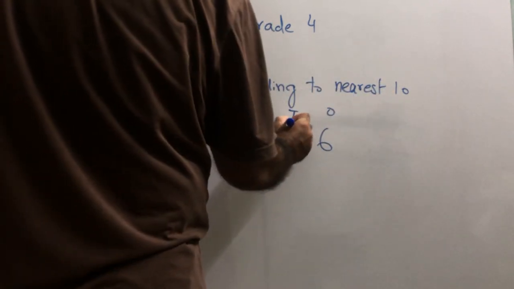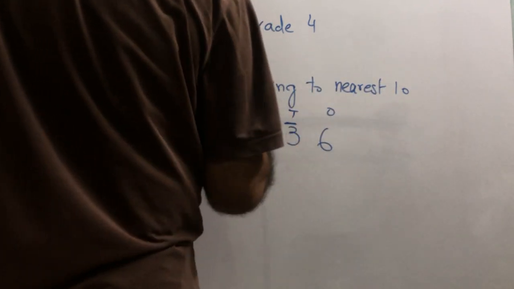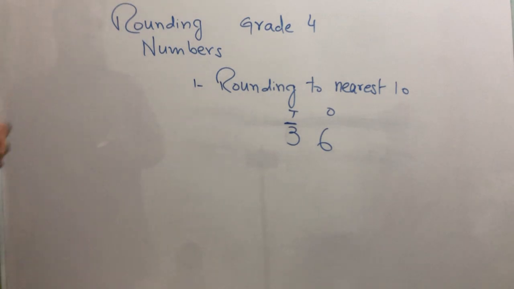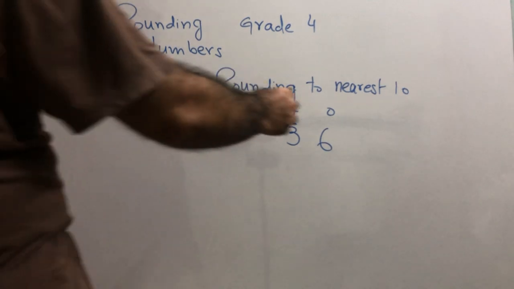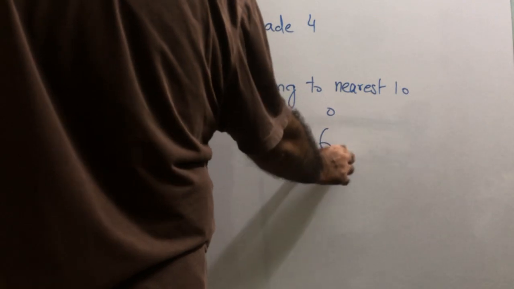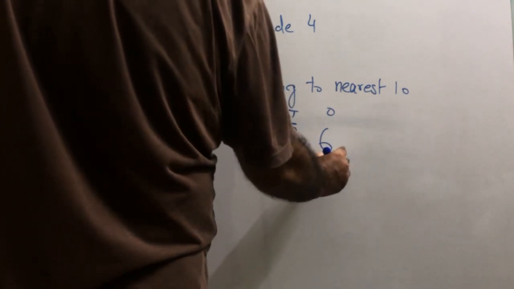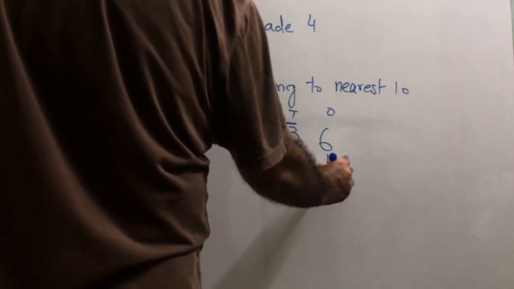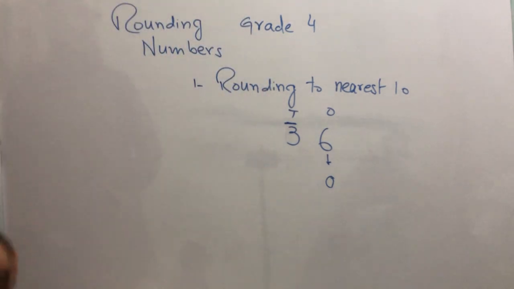Put a bar like this. This is 10th place. Remember we don't need this one. It will be automatically 0 because we need rounding to nearest 10.